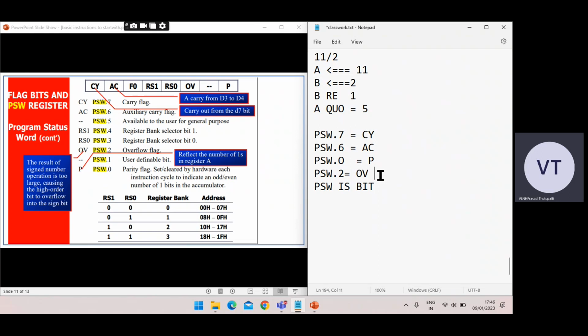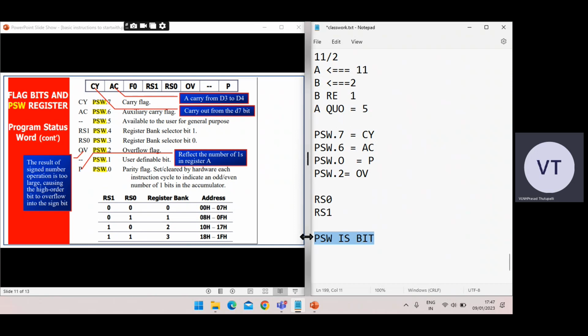Now, apart from this, there are two more flags. One is register select 0 and the next one is register select 1. So what are the uses of these two bits? These two bits are used to switch from one register bank to another register bank.